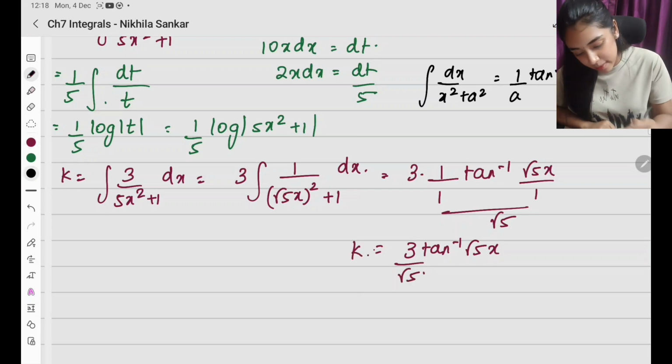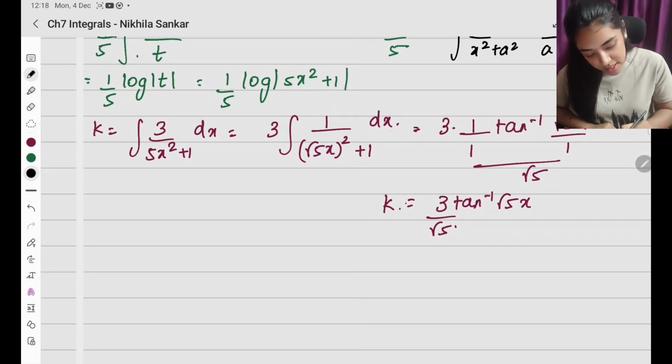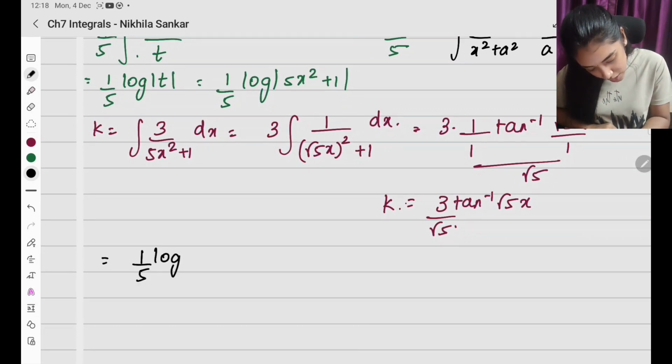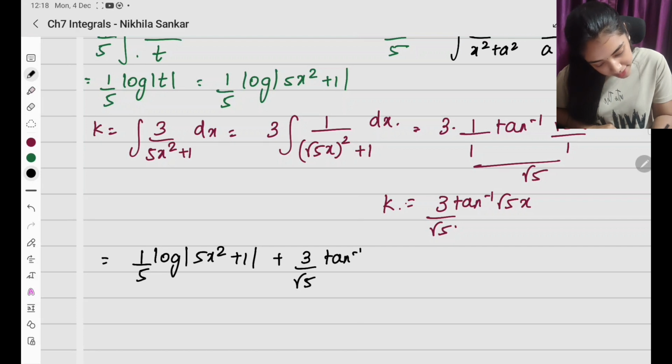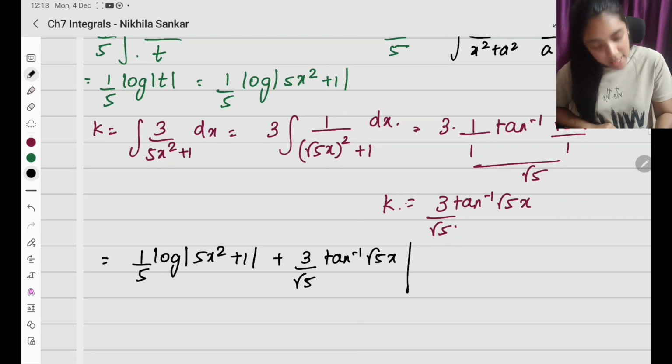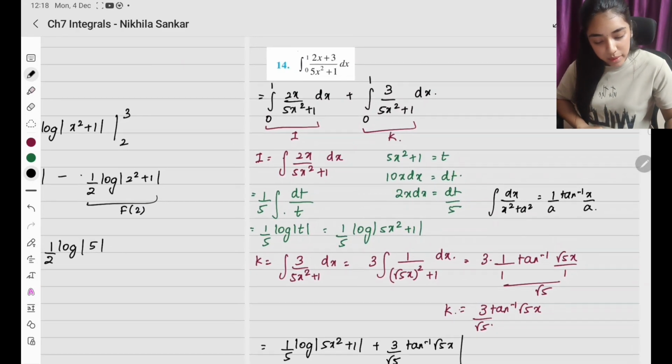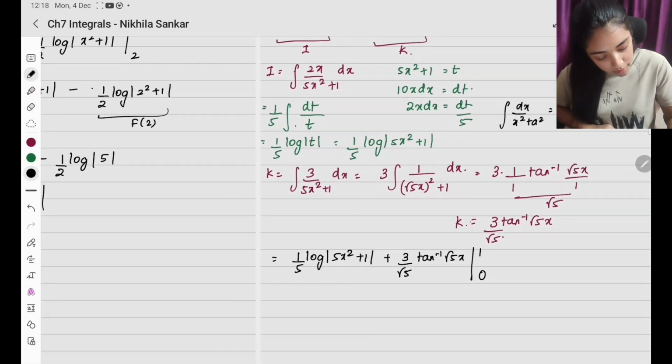So when I add them both, I have the green one plus the red one. So I plus K is going to be 1 by 5 log mod 5x square plus 1 plus 3 by root 5 tan inverse of root 5x. Now I have to apply the upper limit and the lower limit, 0 and 1.